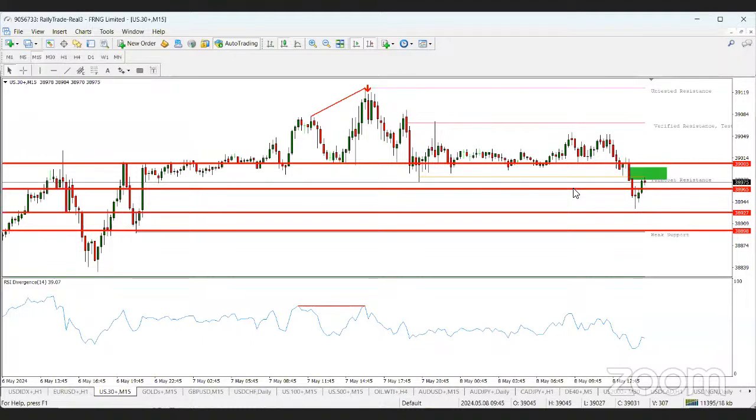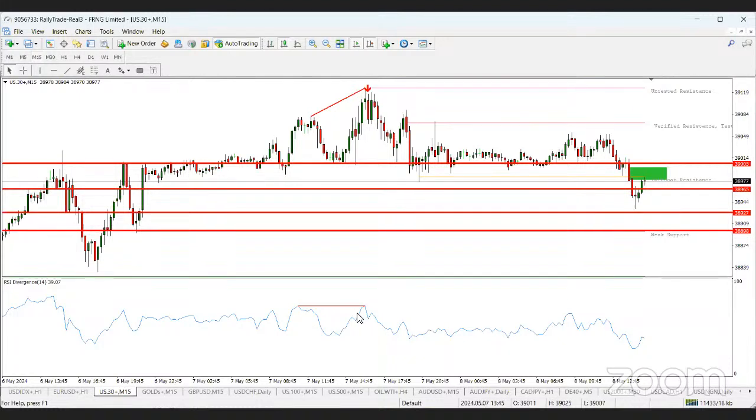Then I could also have a sell stop. I could also sell from 38,920, take profit at around 38,890.